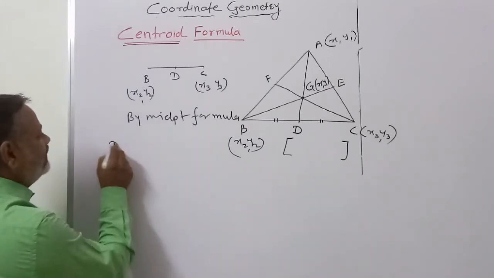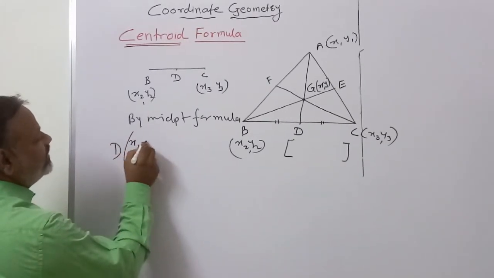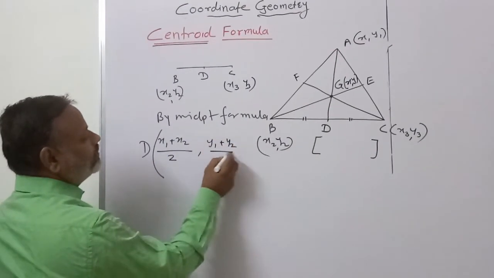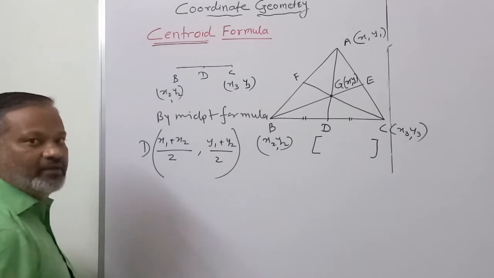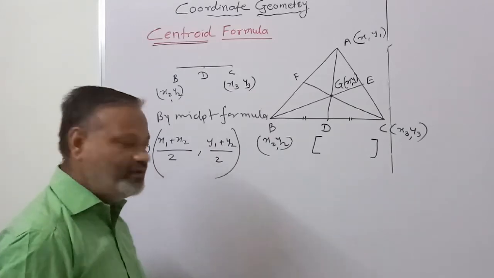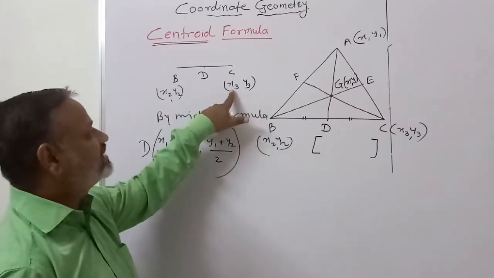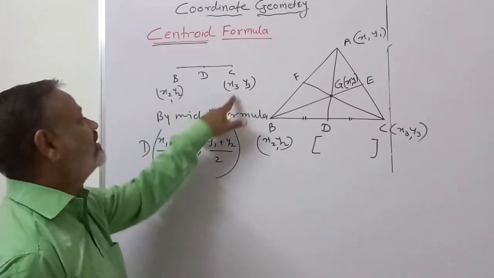So the formula for the coordinate is x1 plus x2 upon 2 and y1 plus y2 upon 2. This is your formula. So instead of this x1, here we consider x2, and x2 की जगह क्या consider करेंगे x3, क्योंकि ये दो पॉइंट हमको लेना है.